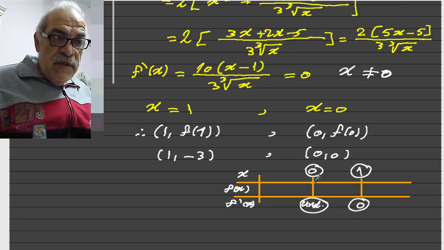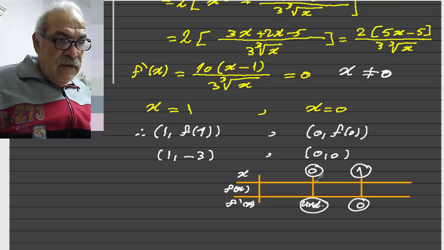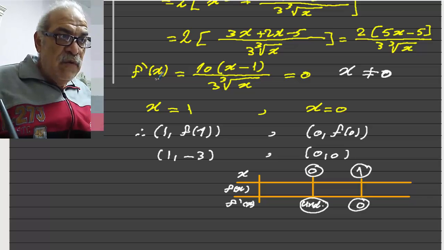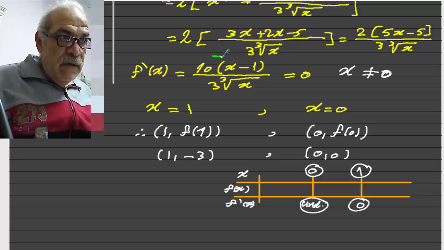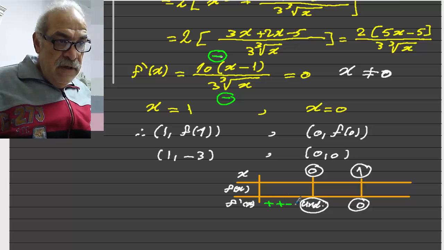We'll take numbers less than 0 in the neighborhood of 0, like -1, and we check for -1. Here we have f dash of x equals 10 multiply -1 minus 1, it is -2. So the numerator will be negative, and also the denominator will be negative. Negative divide negative is positive, so the function is increasing in this interval.